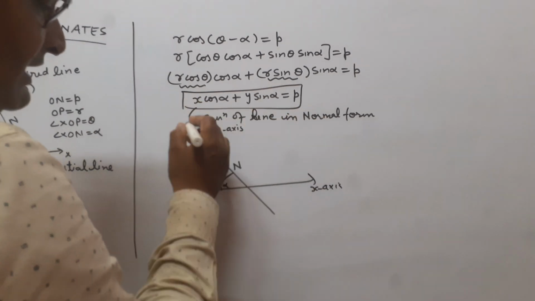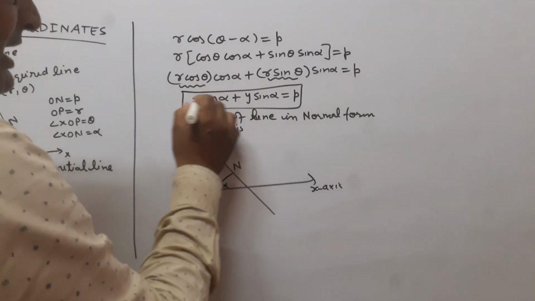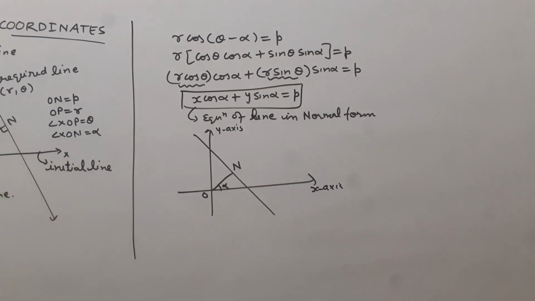So the equation of the line in Cartesian form is x cos alpha plus y sin alpha is equal to P. So this is the polar equation of a straight line on which ON, the perpendicular drawn from the pole on the straight line, is equal to small p and ON makes angle alpha with the initial line. So the equation of the required line is r cos(theta minus alpha) is equal to P. Thank you.